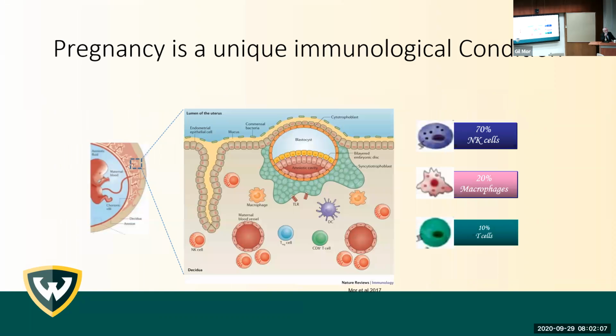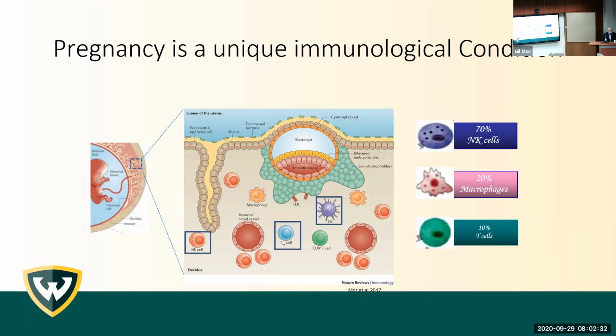And we talked also about how pregnancy is in a unique immunological condition because it has all the components, all the immunological cells present at the implantation site. And I think you already have heard about many of these immune cells. We talked a little about dendritic cells. It was touched also about the NK cells and so on. So I want to focus today a little more on the macrophages.